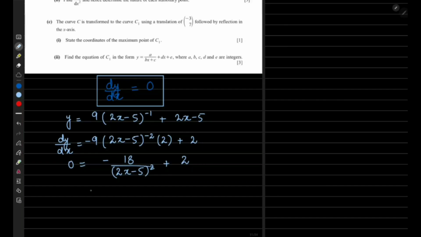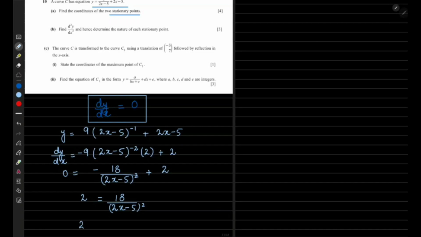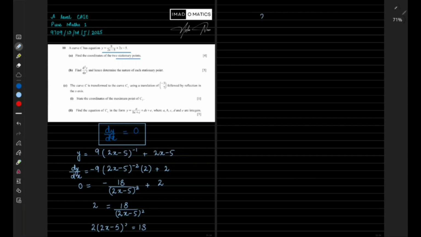So this will give you 2 equals 18 over (2x minus 5) squared. Now cross multiplying, 2 times (2x minus 5) squared equals 18. This gives you (2x minus 5) whole squared equals 9. I'm cancelling 2 with this 18.